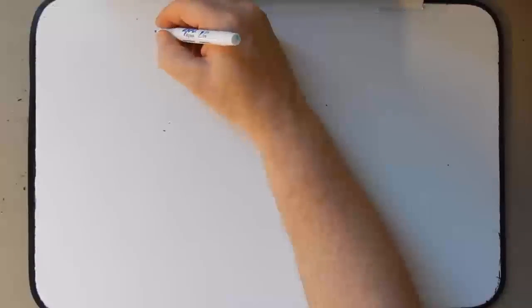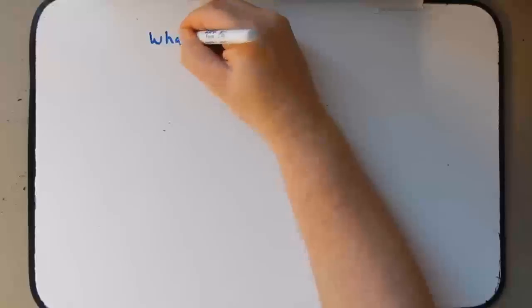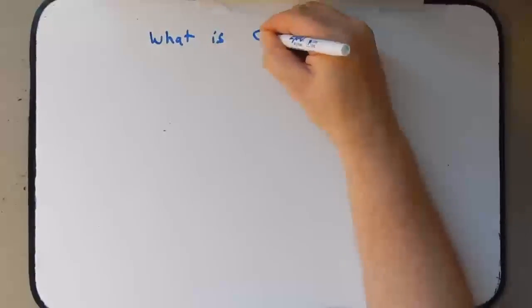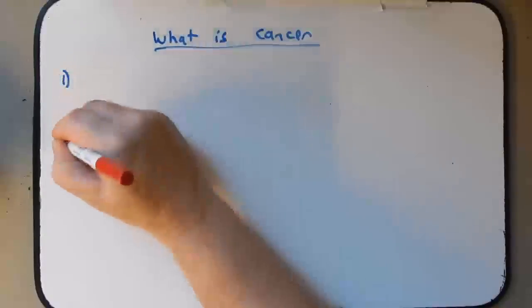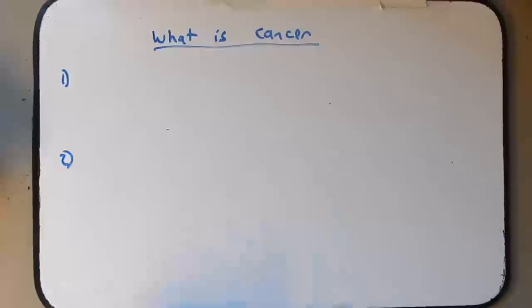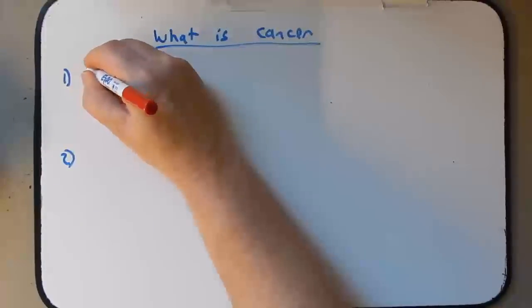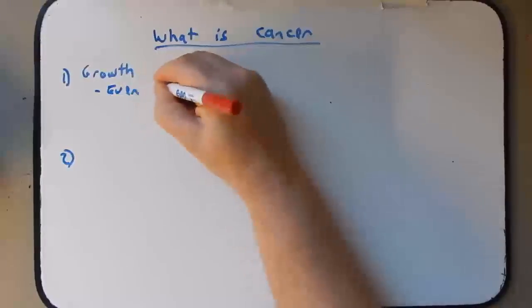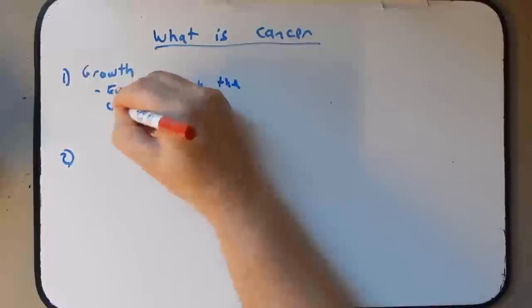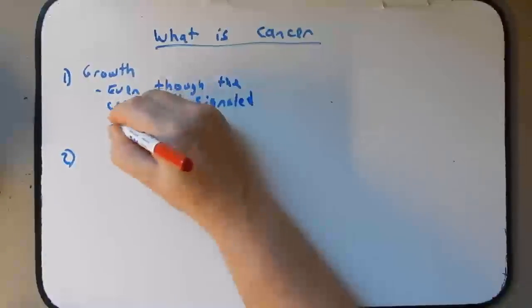So let's begin with a simple definition or description of what is cancer. In describing what cancer is, there are two features that must occur for a cancer to exist. And the first is growth. And this means growth even though the cell isn't signaled to grow.